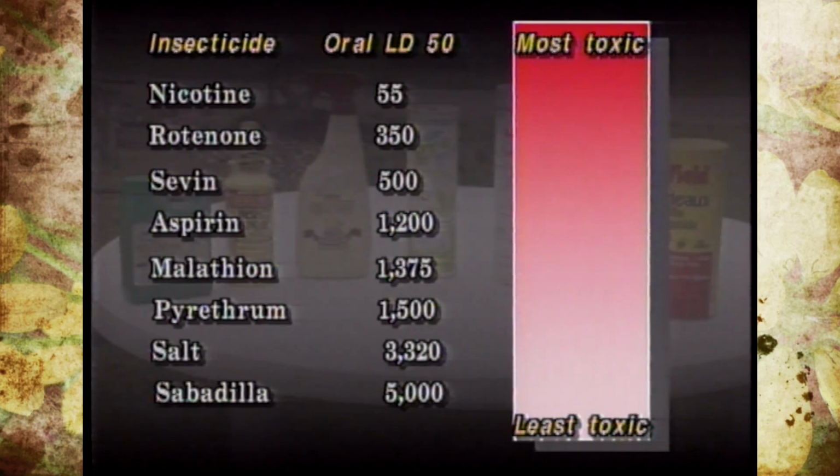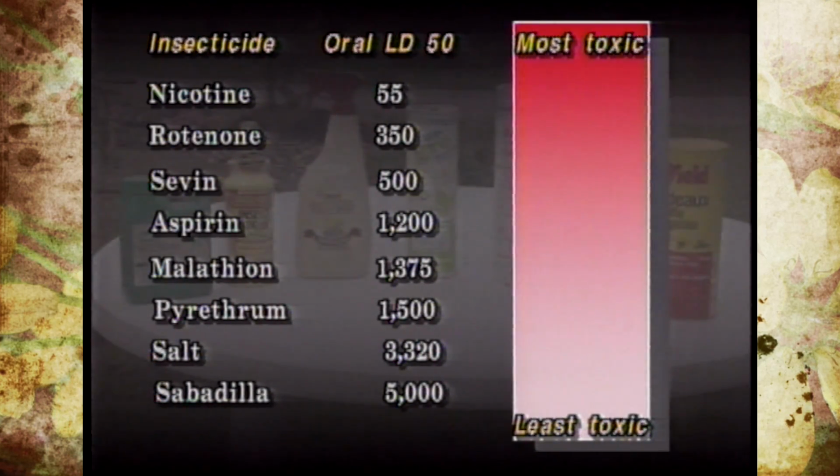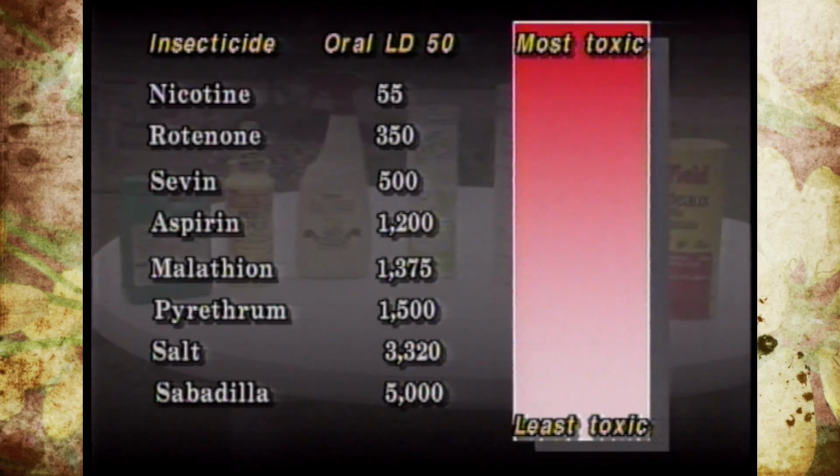Many of us are familiar with the insecticide nicotine. It has an oral LD50 of 55. Now, nicotine has been taken off the market and is going to be changed over to restricted use simply because of this reason with that lower number. Compare that to rotenone with a number of 350. 7 has an LD50 of 500.